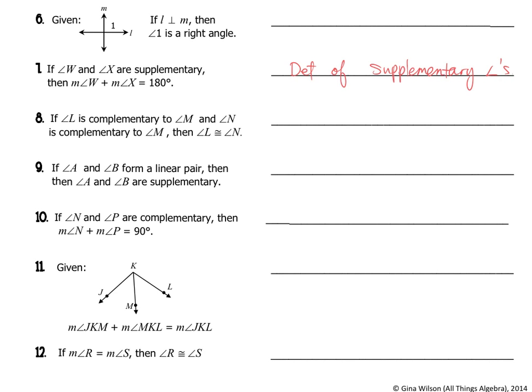If angle L is complementary to M and M is complementary to N, then angle L and angle N are congruent. And this is very much like the transitive property. So we said that this was the congruent complement theorem.